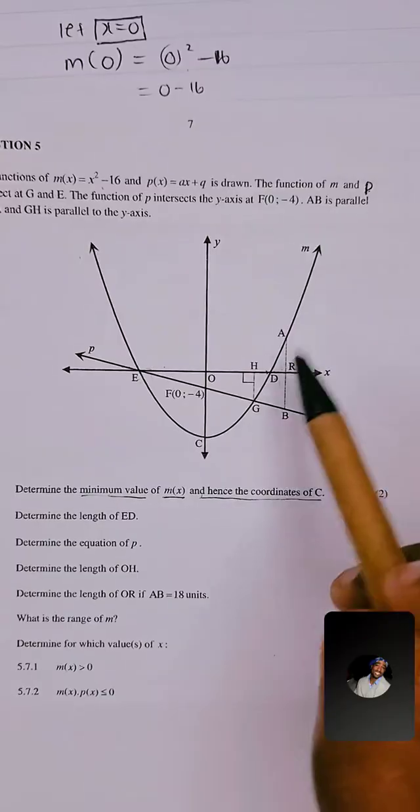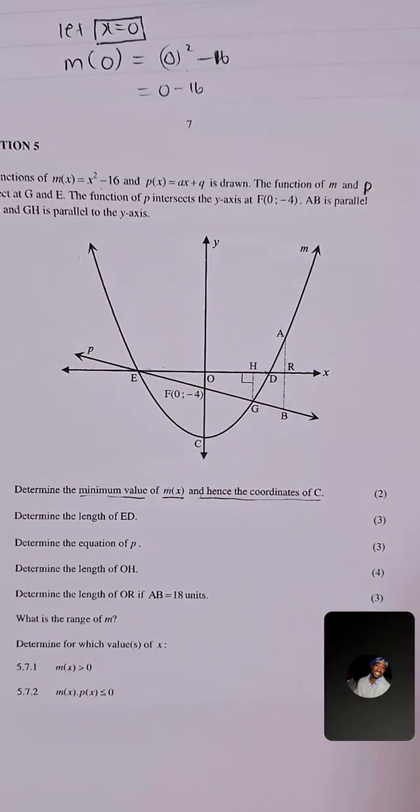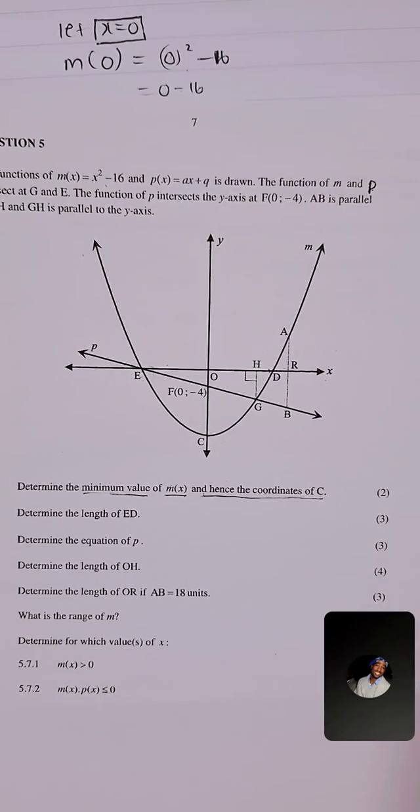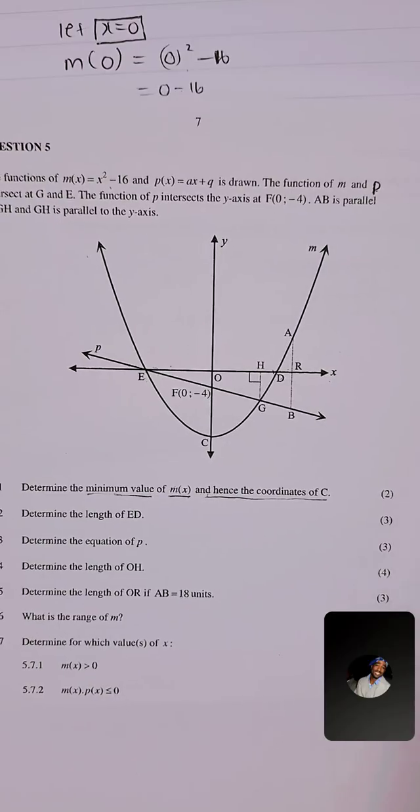Is there a function that passes through E and D? Yes. Which one? The concave up function, m of x. Very good.